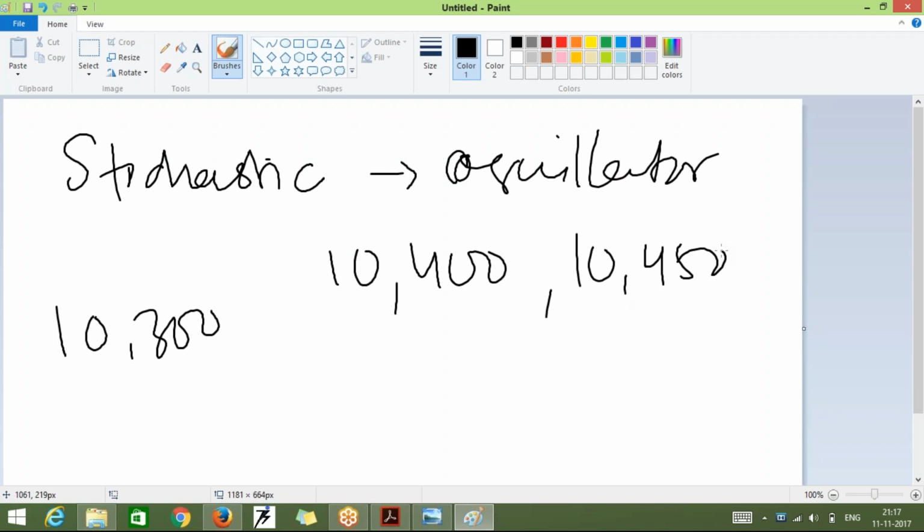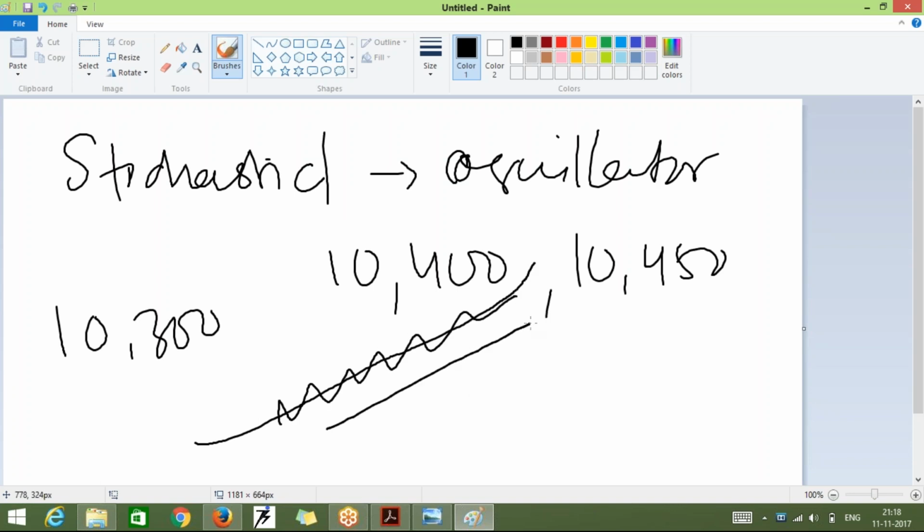These indicators give overbought and oversold signals. Stochastics gives overbought and oversold signals. So when there is a continuous upward trend, when the script is rising continuously, at every level it will show that it's overbought, which is definitely a drawback of stochastics.